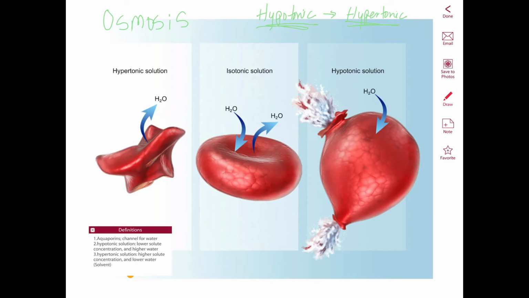Eventually, if enough water is able to diffuse across the membrane, the molecules become evenly distributed and in equal concentrations on either side of the membrane. Then the solutions are isotonic and there is no further net movement from one side of the membrane to the other. So in this example, you can see that this would be the isotonic solution.